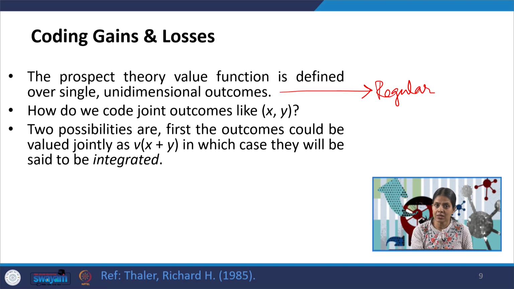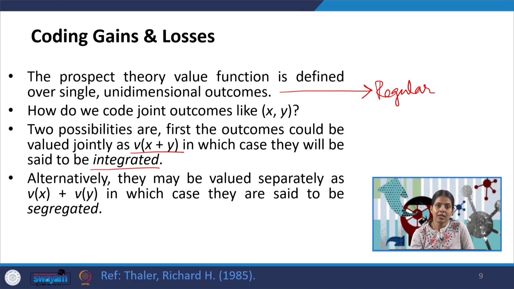Two possibilities are, first, the outcomes could be valued jointly as V of x, y. So, we integrate them and then try to see how they are valued, in which case they are said to be integrated. Alternatively, they may be valued separately as V of x plus V of y, in which case they are said to be segregated.